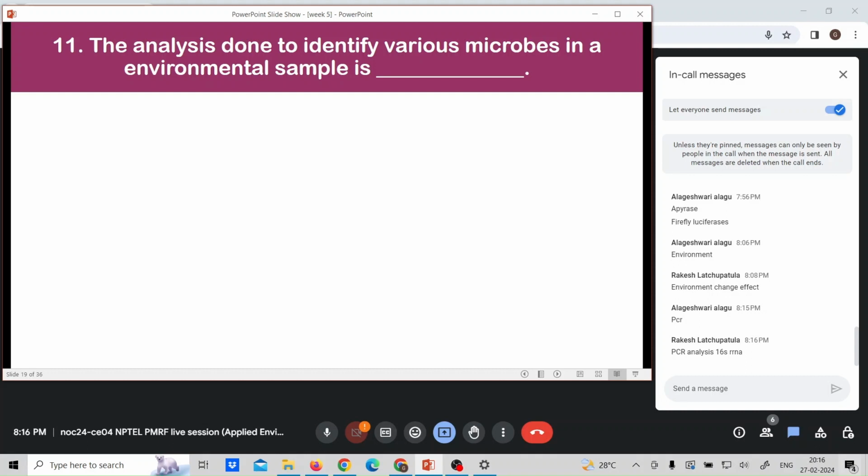All this can be part of it, PCR, 16S, yeah. But what is the whole study called? I again told you it's an omics technique only. No, generally it's not chromatography. Again, chromatography is a single experimental technique. I'm asking about the whole study.